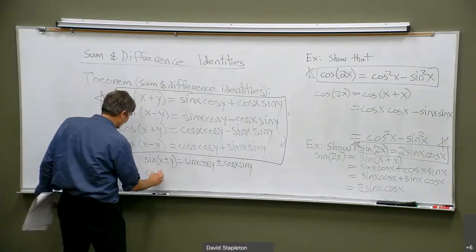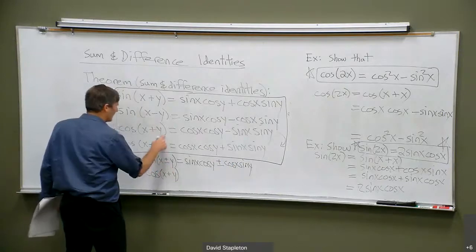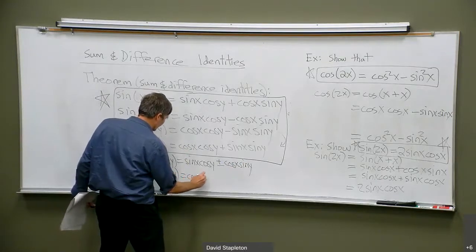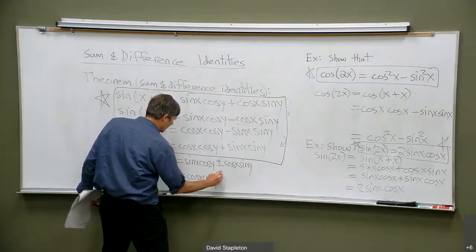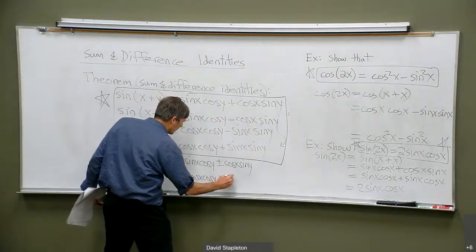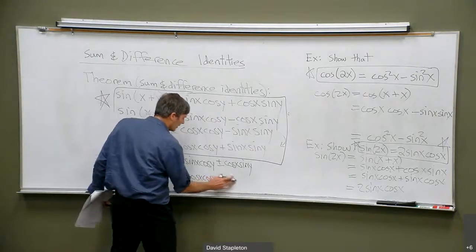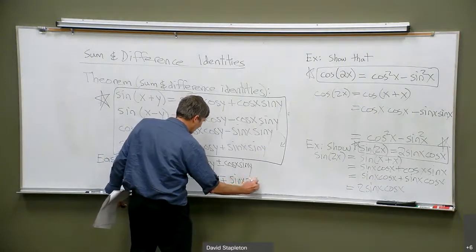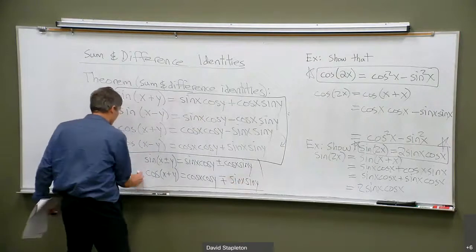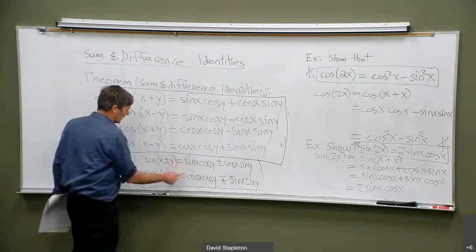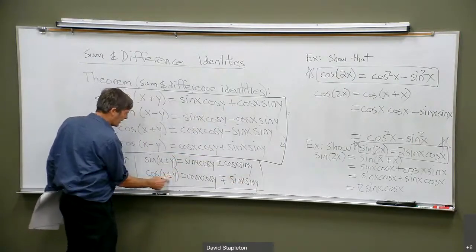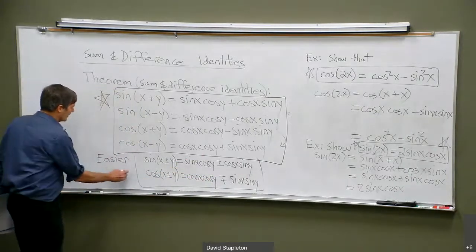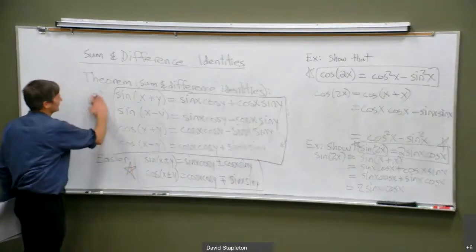Similarly, cosine of x plus y here and here, these two can be written as cosine cosine minus or plus sine sine. So if you don't like memorizing 4, you memorize these two just with plus or minus on both of these and plus or minus here and minus or plus here. And this gets both of these identities. So these are actually easier to memorize if you like. You can do it either way.